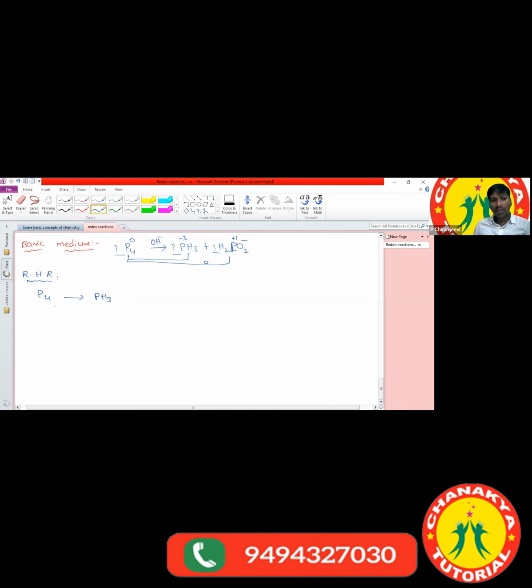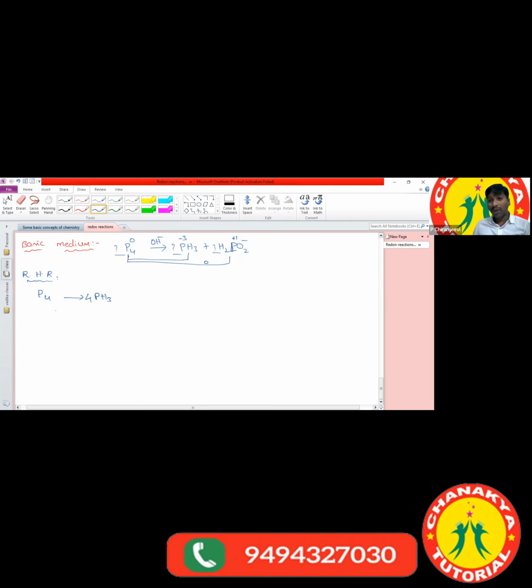Phosphorus. On the left hand side we have 4 phosphorus, but on the right hand side only 1. We convert 1 into 4 by multiplying with 4. Now the number of phosphorus atoms is balanced.